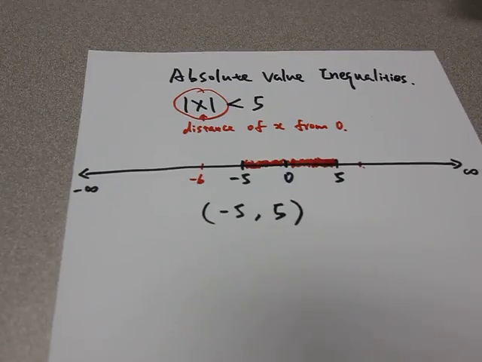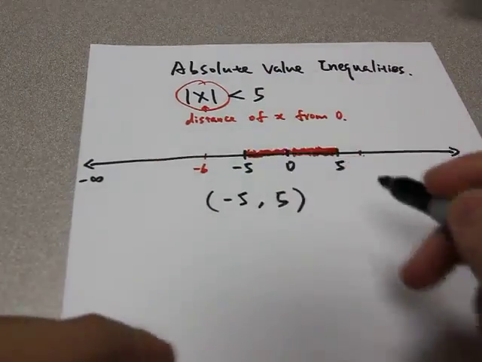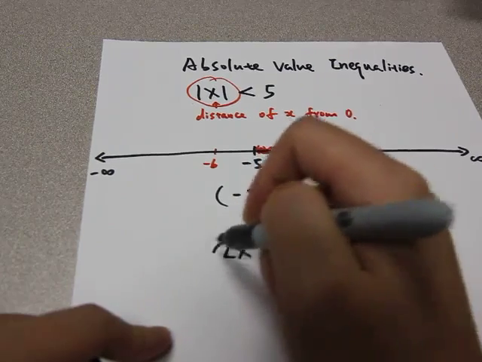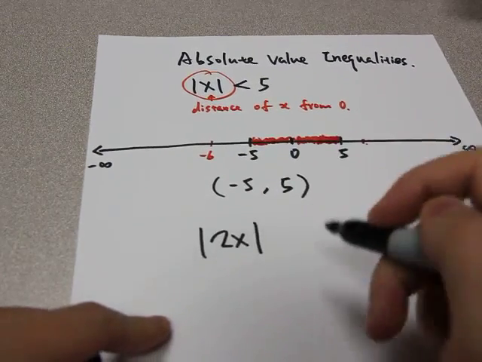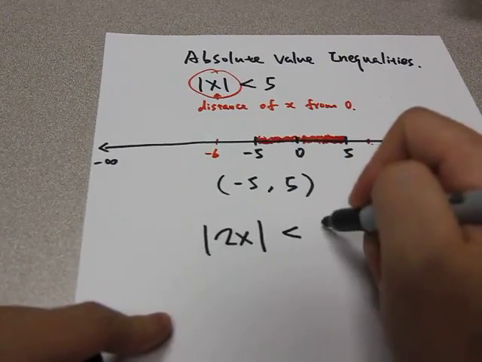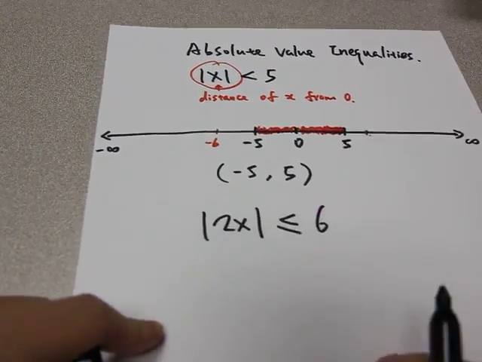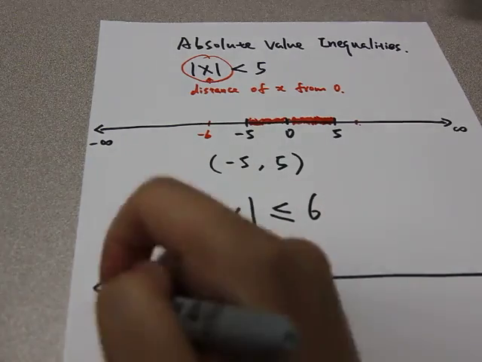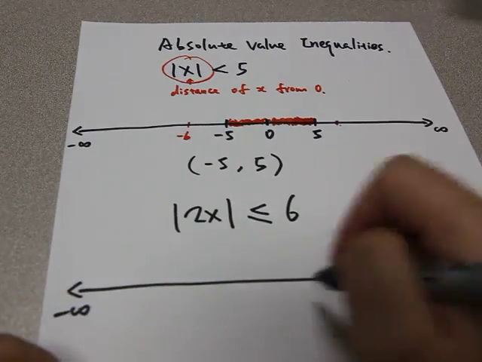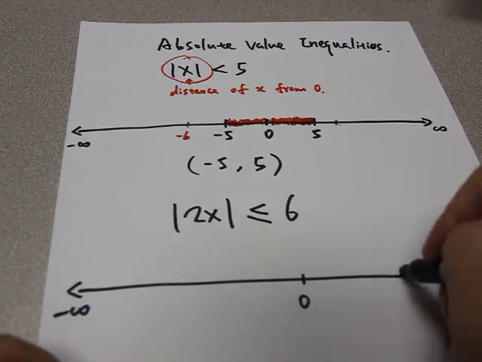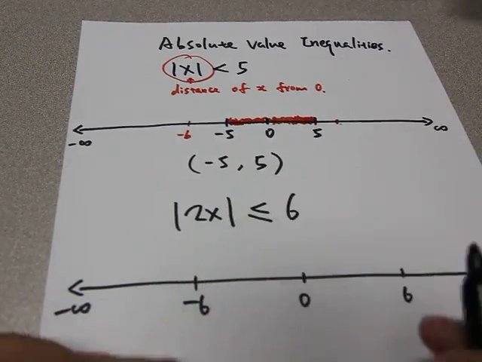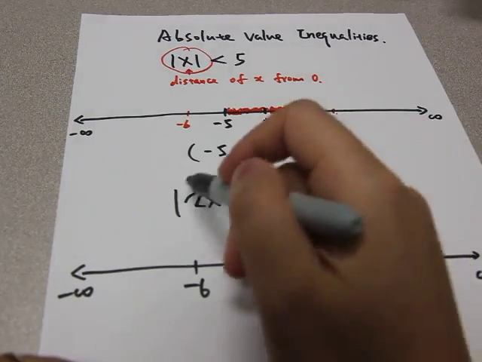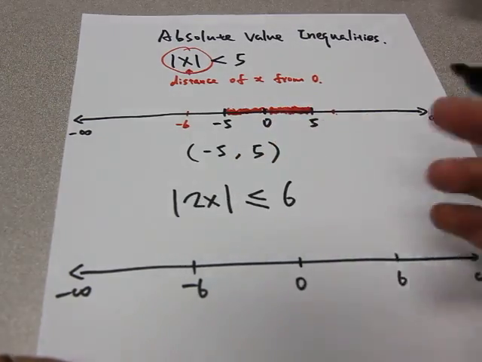Okay, after we understand this, let's take a look at another example. Now, here we have the absolute value of 2x is less than or equal to 6. So this time we consider the distance of 2x from 0.